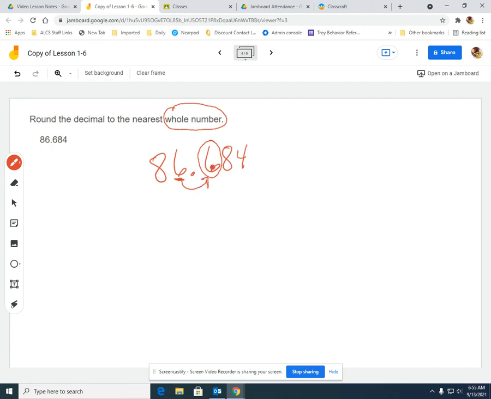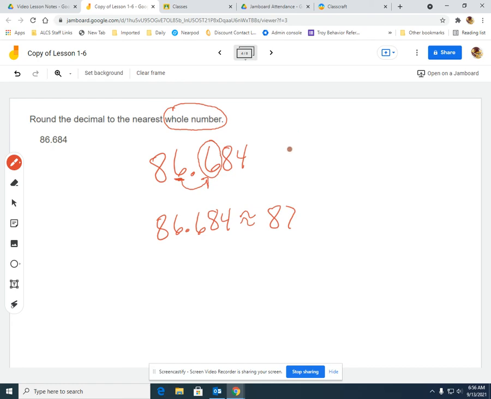That 6 is going to tell me, since this 6 right here in the tenths place is greater than 5, the underlined digit will go up 1. So instead of 86, I say 86 and 684 thousandths is about equal to 87.